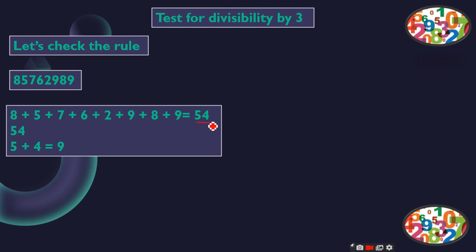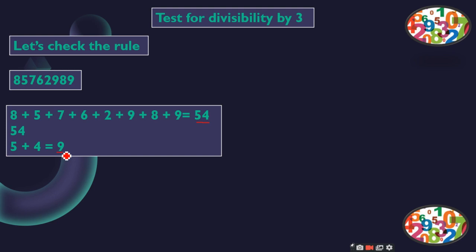Is 54 divisible by 3? It is a little bit difficult to find the divisibility of 54 by 3. So we can repeat the process again. We have 54. We can add the digits. So 5 plus 4 is equal to 9.